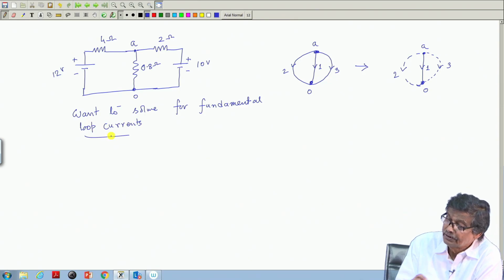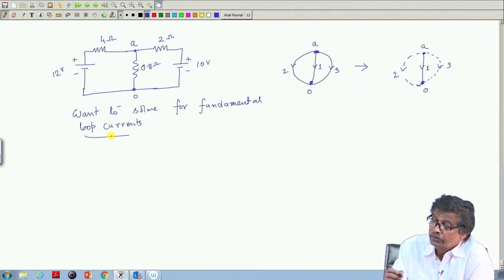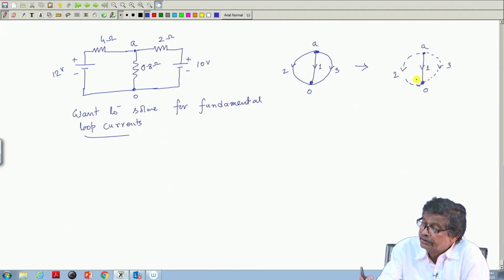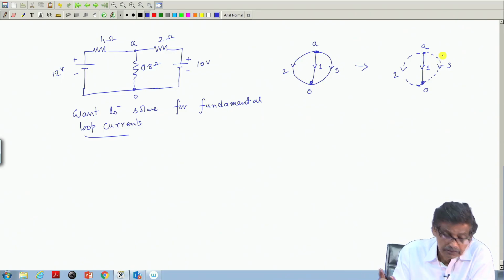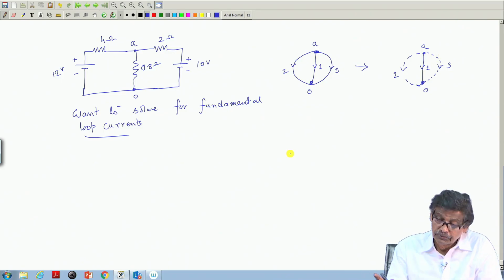What are the fundamental loop currents? They will be IL2 and IL3, decided by the number of links present. So, there will be only 2 links.